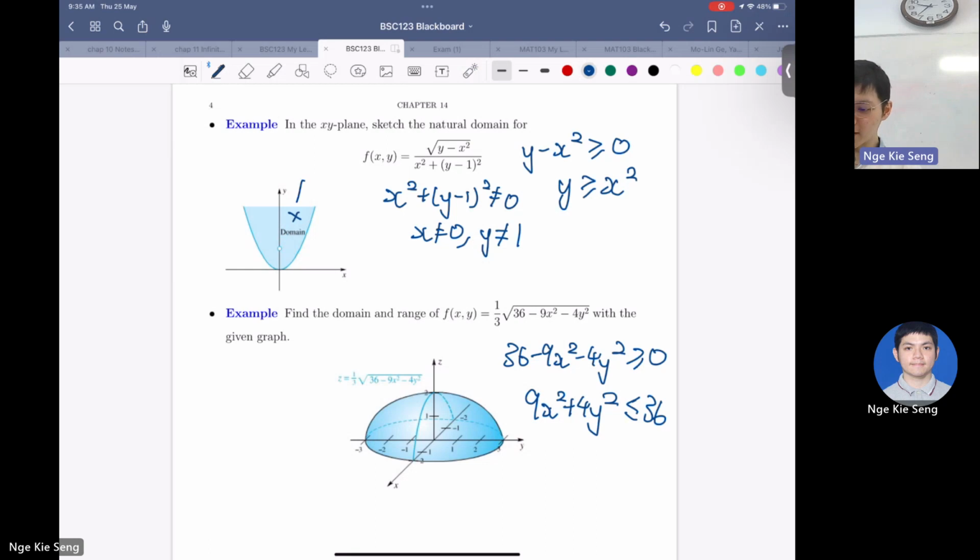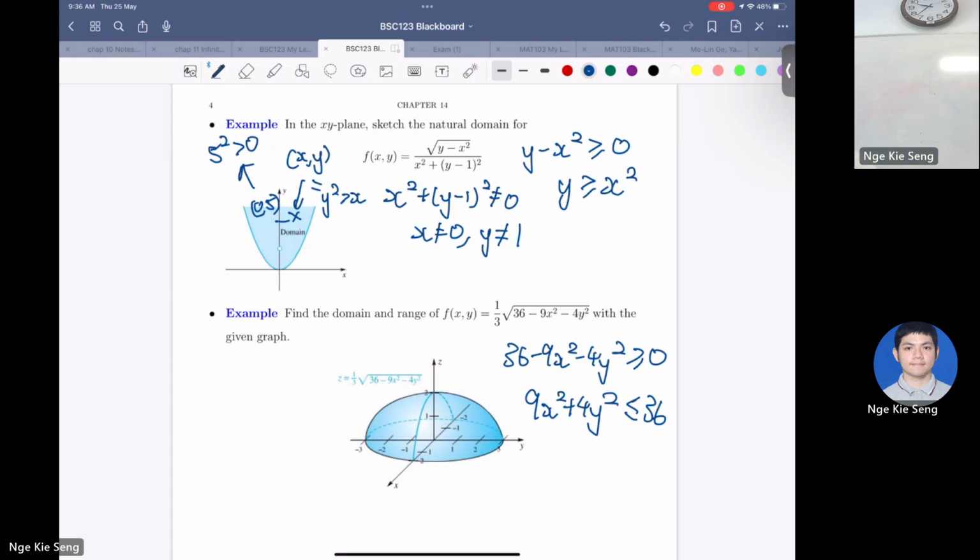Take a point (x, y) and verify that y is actually greater than x squared. For example, take any point here, let's call it (0, 5). Is it true that 5 is greater than 0 squared? Yeah. Okay, so everything above.